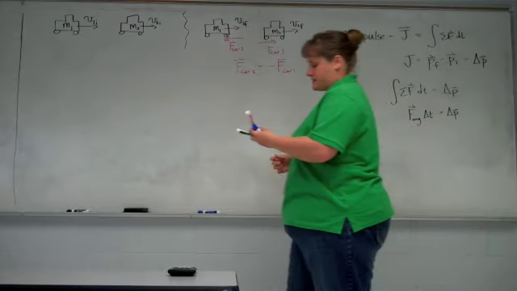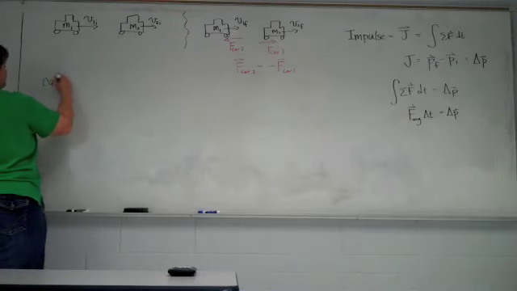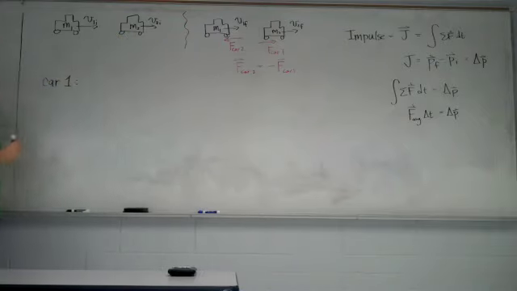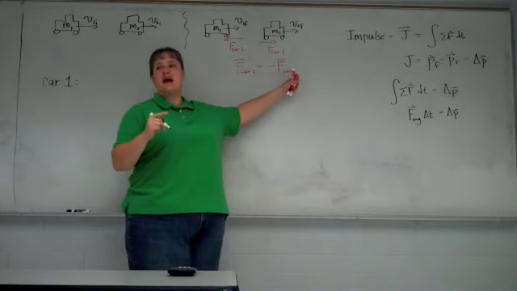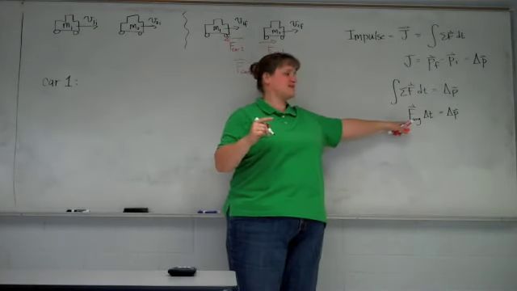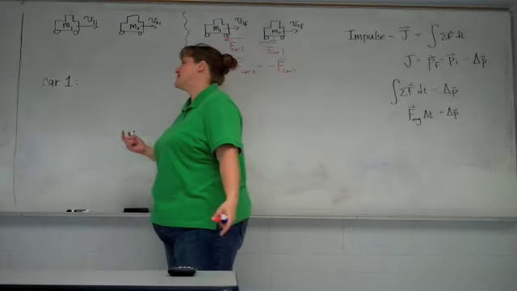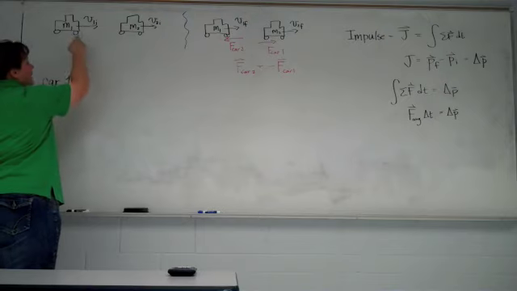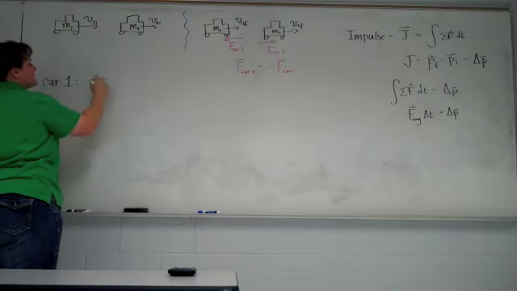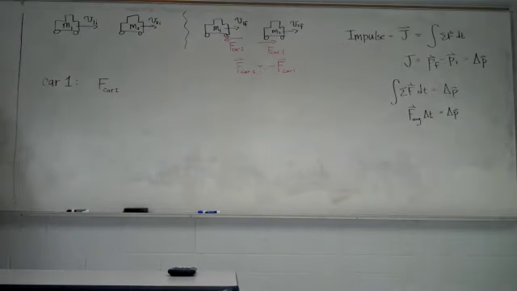Let's look at the impulse. For car 1, car 1 had a force. Well, let's just talk about these as average forces, so we can go ahead and say the average force times the change in time. It doesn't really matter if we write it as intervals or not. So car 1's momentum changed because the force of car 2 acted on it.